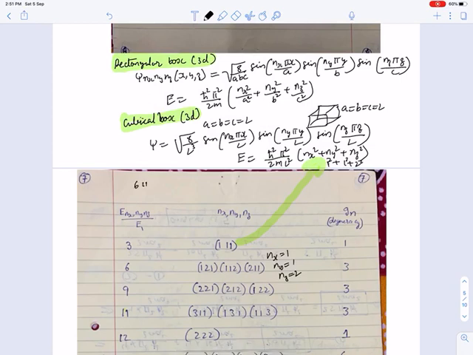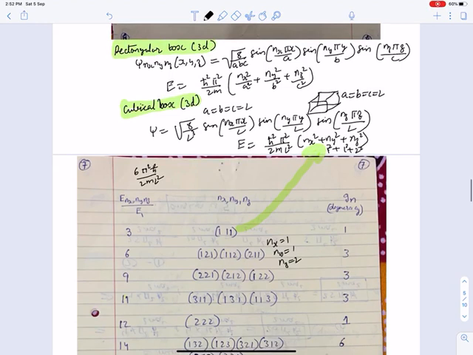So it becomes 6 pi square h cut square upon 2 m L square. Yes, right.